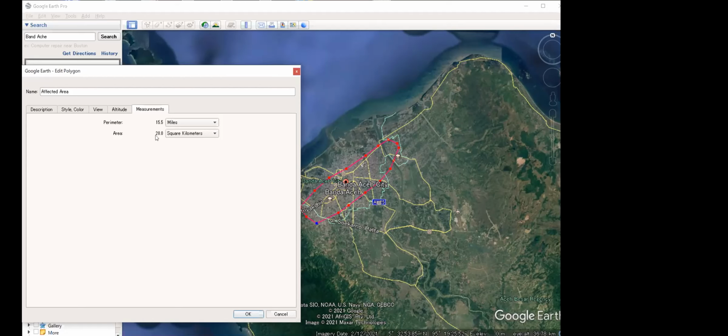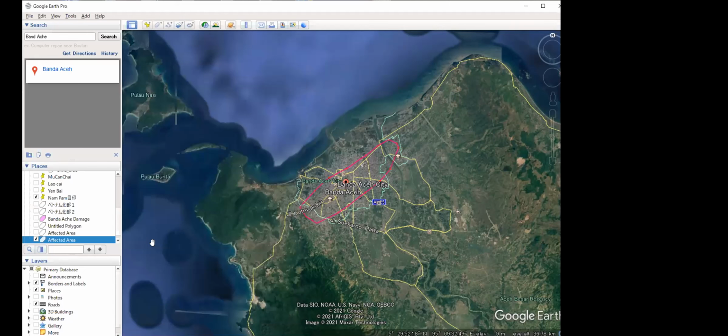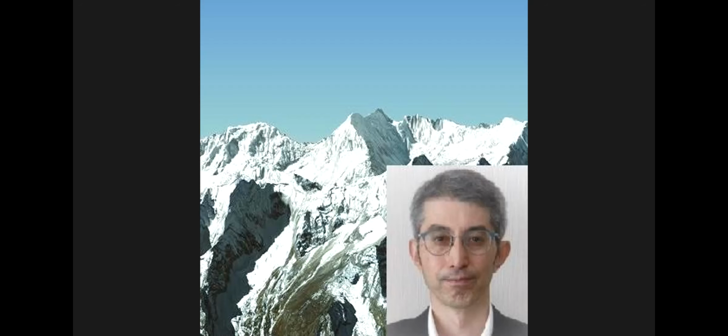So we can find the number of the area extent. In this case, 28. Okay. So this is making a polygon and measurement of area extent. Okay, I go back to the slide.